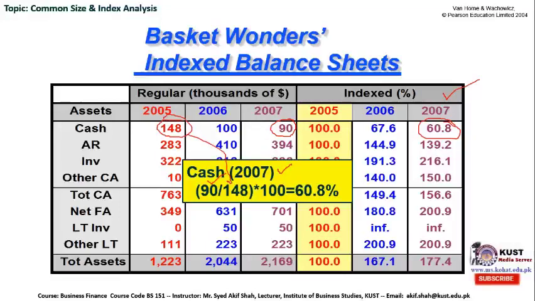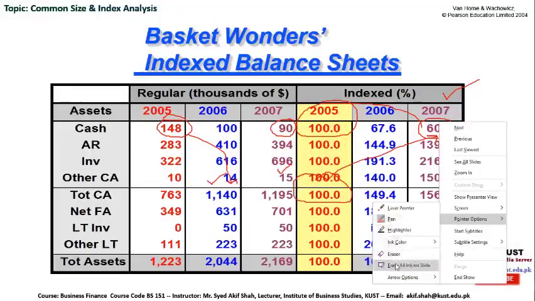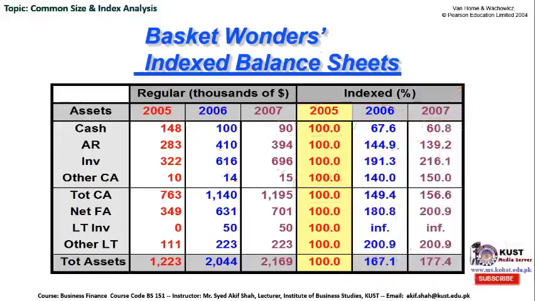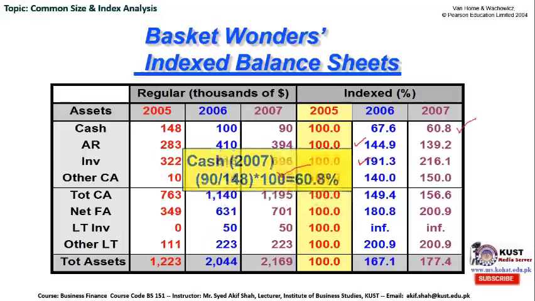We can plug it over here and then multiply by 100 will give you that we have 60.8% of cash in 2007 with respect to our base year, which is 2005. So this is the way how we can calculate the rest of the values available in this index analysis for balance sheet. All the values have been calculated with the similar formula as we have used for cash calculation in year 2007.